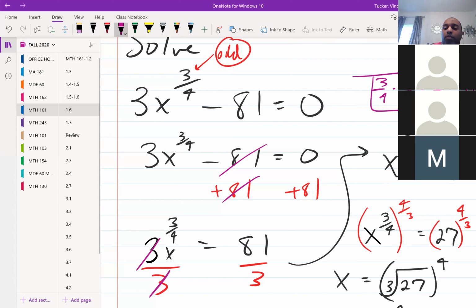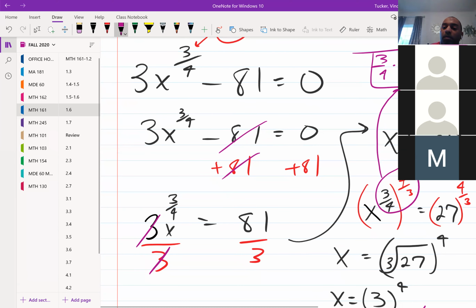The reason why that is important is because whenever you're raising a power to a power, you're multiplying your exponents, and that's what ends up happening here. 3/4 times 4/3 is 12 over 12, which is just 1. So that gives us just x on this left side.